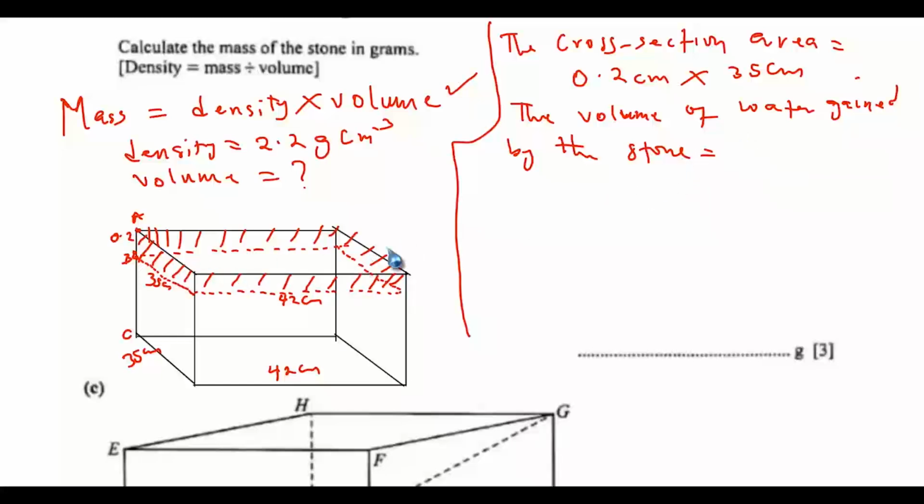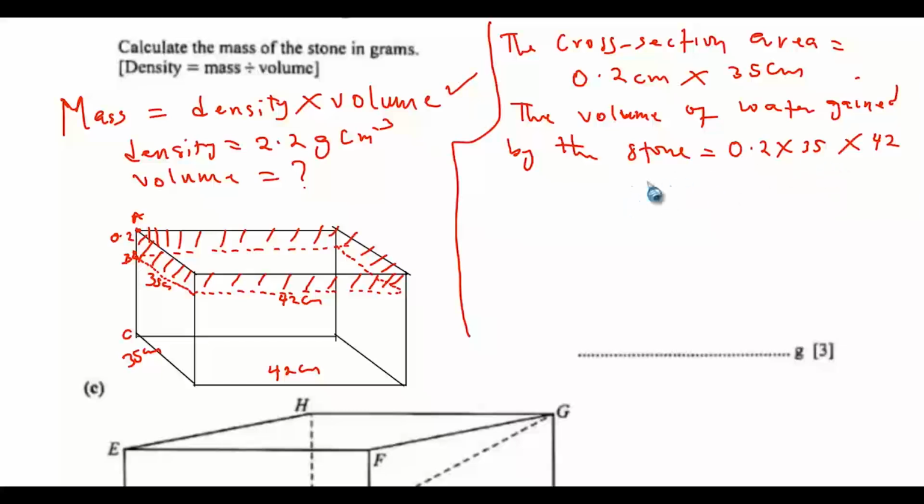The distance between this and this is 42. So the cross-section area 0.2 multiplied by 35, then multiplied by the length between the two cross-sections, will be the volume of water gained by the stone.